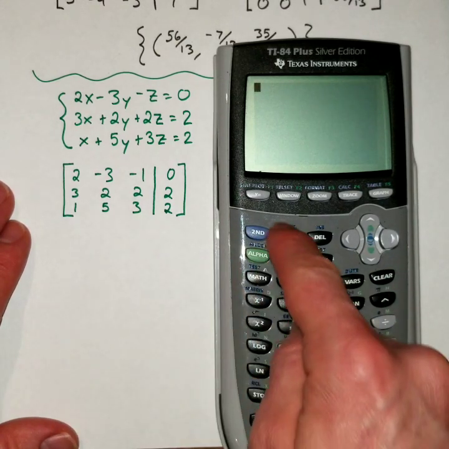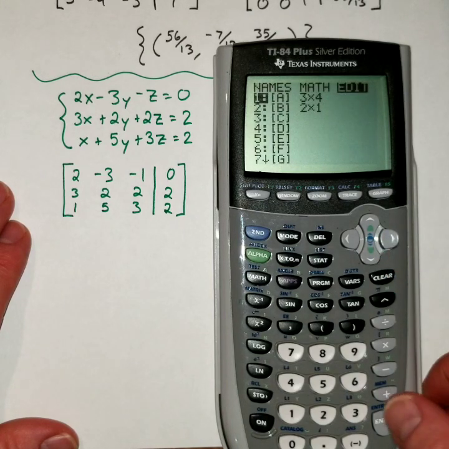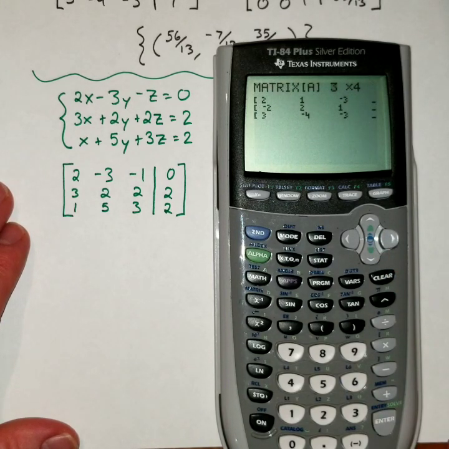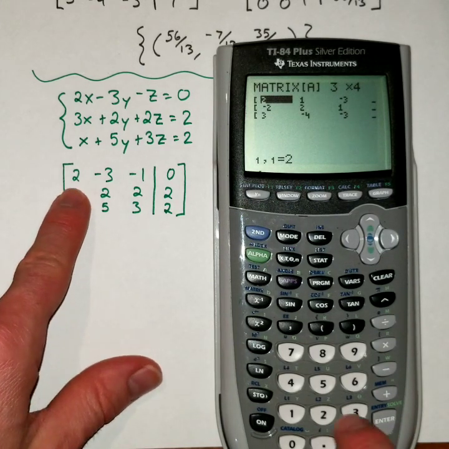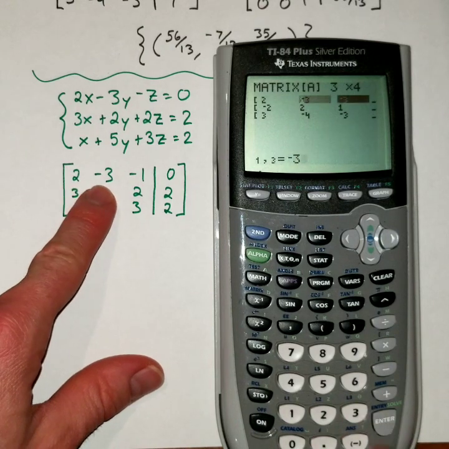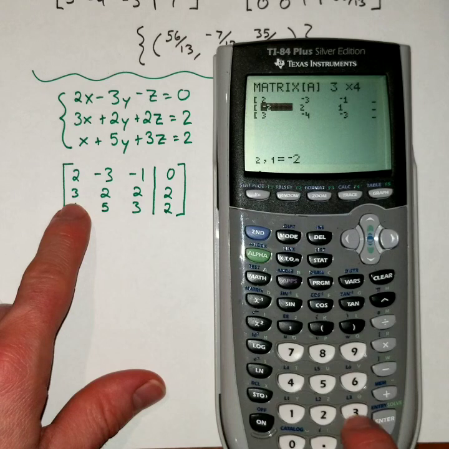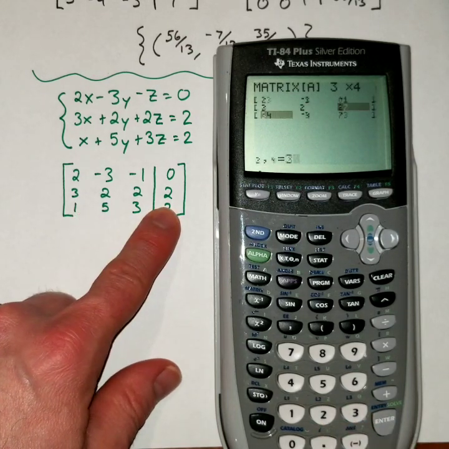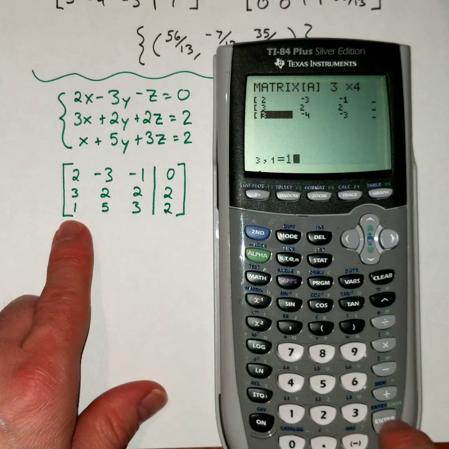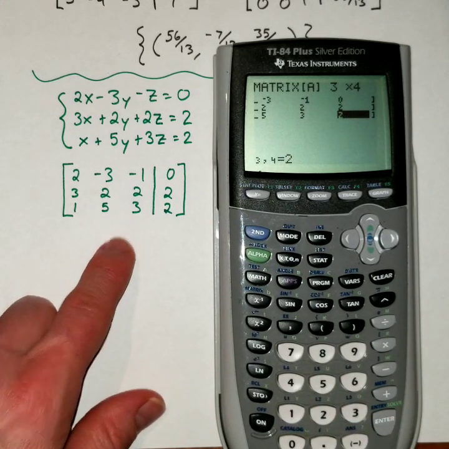Alright, so let's get rid of that. So to put this in the calculator, you're going to go to Matrix menu. You're going to go over to Edit. Matrix A. It is a 3x4, so we're safe there. Now the numbers we're going to enter are 2, -3, -1, 0. Second row is 3, 2, 2, 2. Last row is 1, 5, 3, 2.